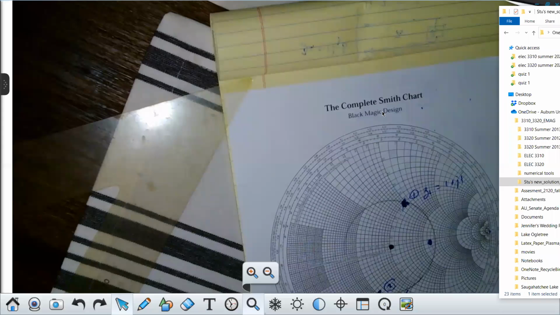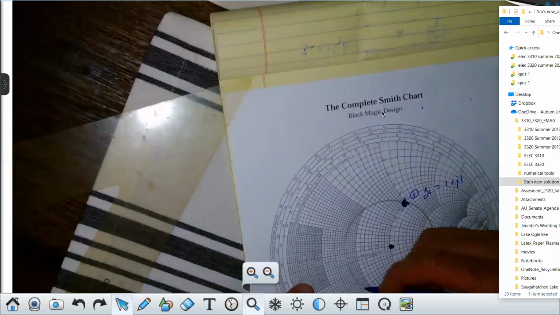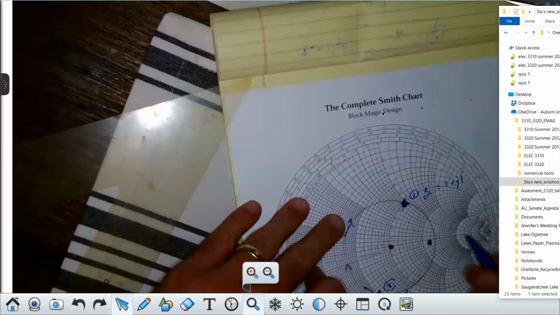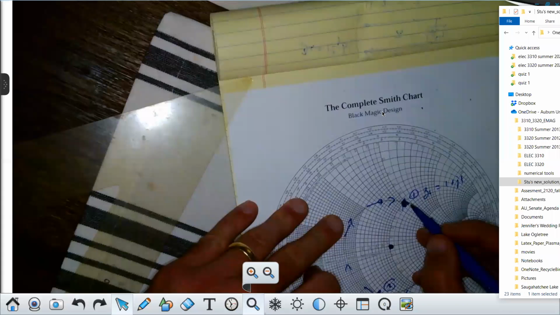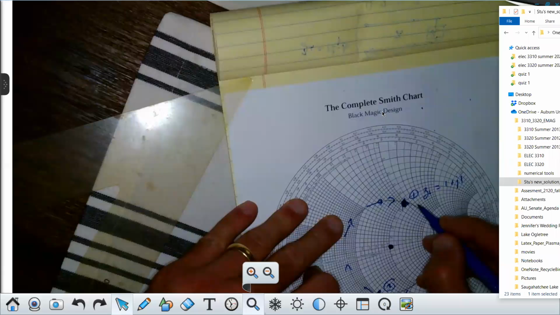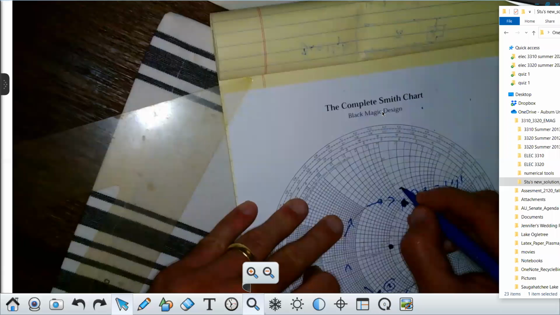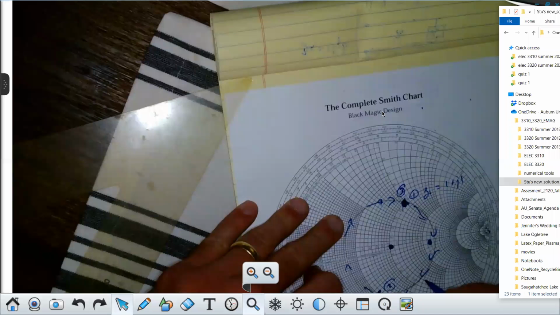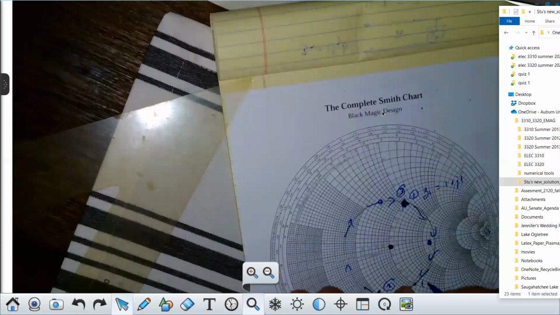Now remember, we're in the admittance domain. Everybody got that? Now listen. Now you're going to move along this circle until you hit either this point right here, I'll call that 0.3, or keep moving and hit this point right here, where it would be 1, and it should be minus J1 right here.